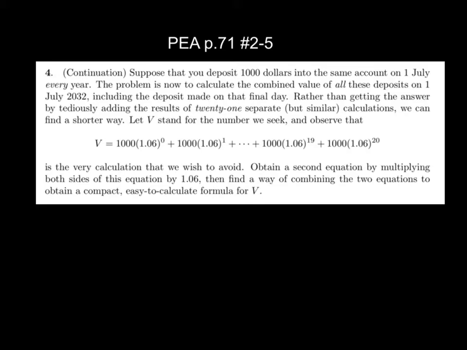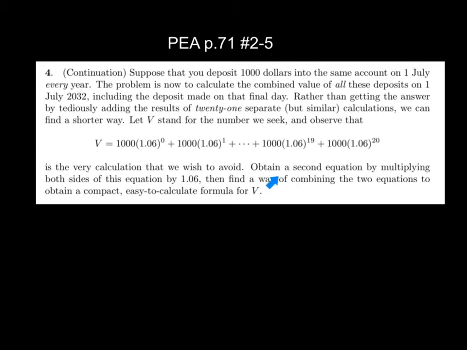So now it's saying, obtain a second equation, and this is where the tricky part is. We don't want to do this and have to add it out the whole time. It'd be nice if there's a shortcut or a formula for doing this kind of calculation, especially if we're going to do it for 50 years or for 100 years.